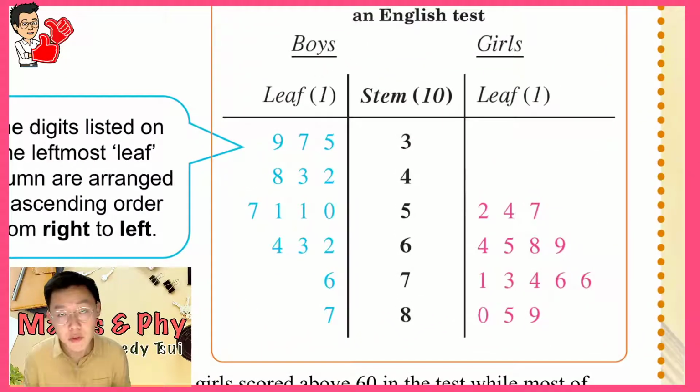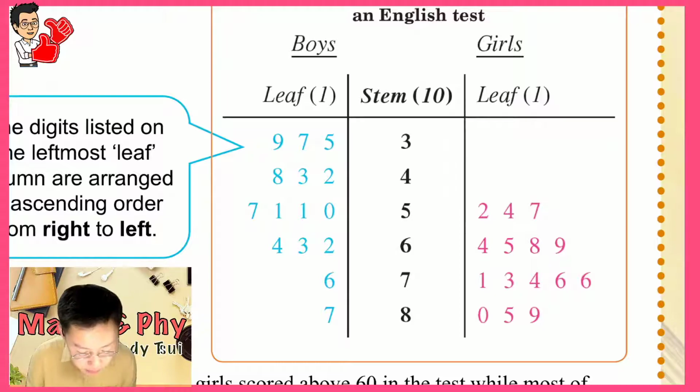So here you can see, we also use similar methods to construct this stem-and-leaf diagram. However, this time, as we mentioned before, the order for the stem-and-leaf diagram is very important. We arrange the numbers in ascending order from the right to the left. I use this one as an example.